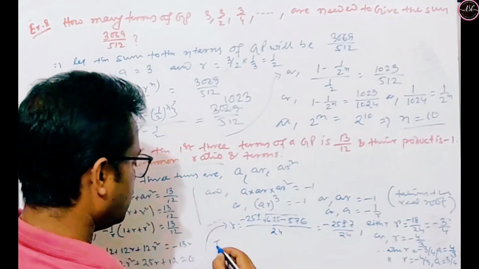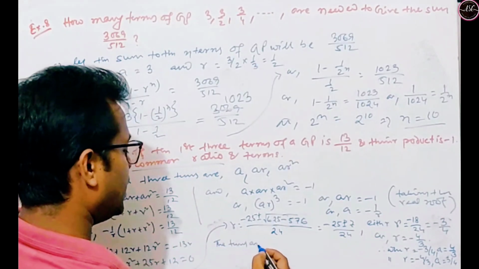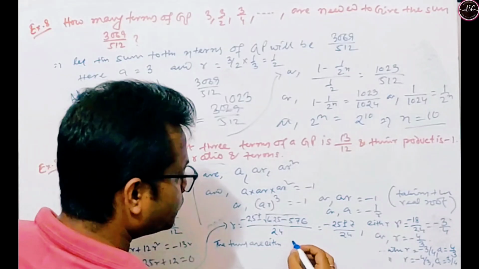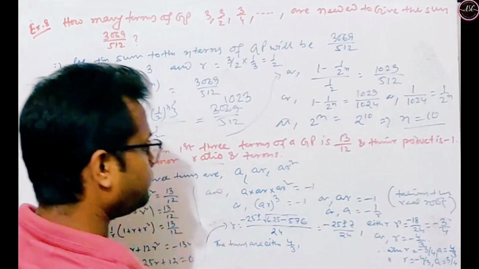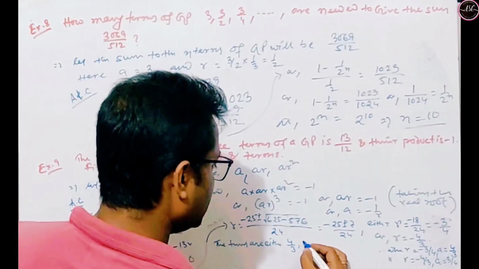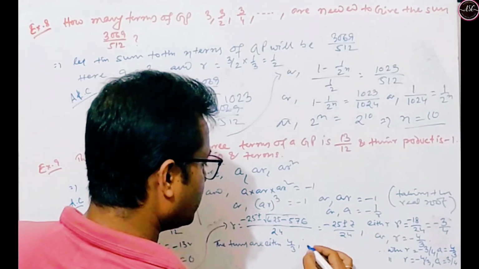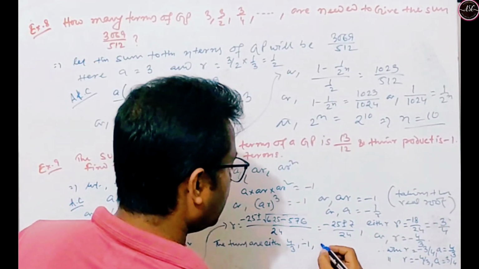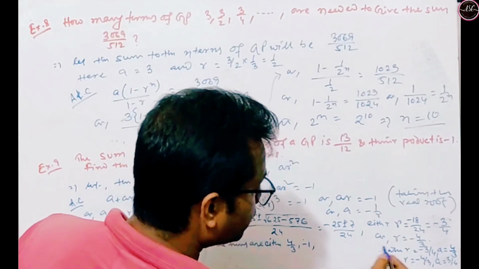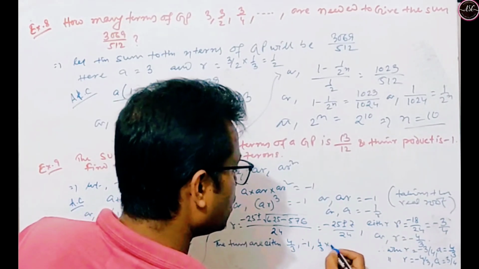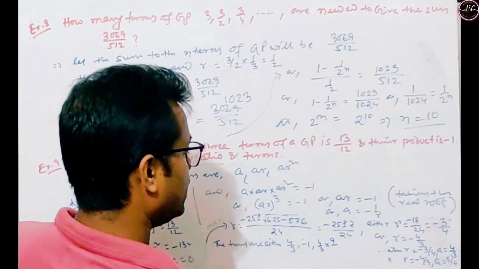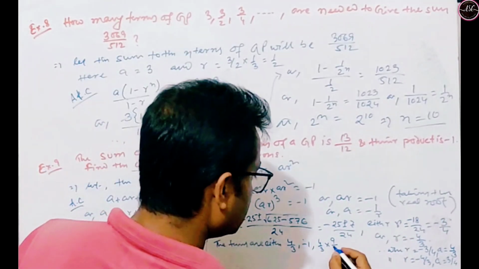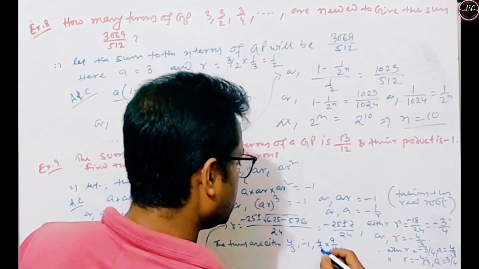So the terms are either 4 by 3, AR equals minus 1, and AR square equals 4 by 3 into 9 by 16, that means 3 by 4.